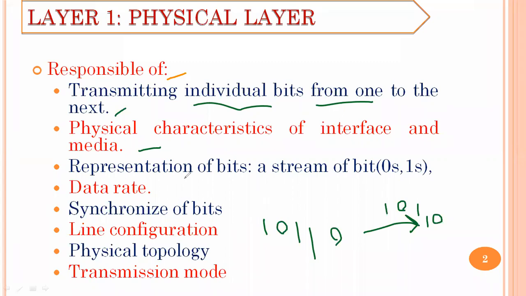In this, we have the representation of bits. The stream of bits, zeros and ones, will be there. No other form of data will be there. Even if we have the data in image form or text form, or in word files, MP3 files, video files, all this data will be represented like this.